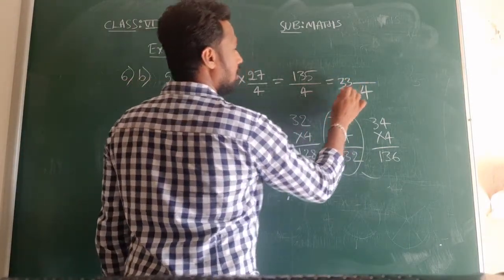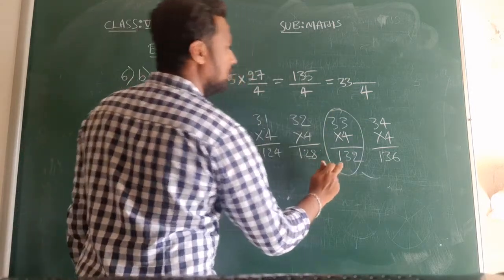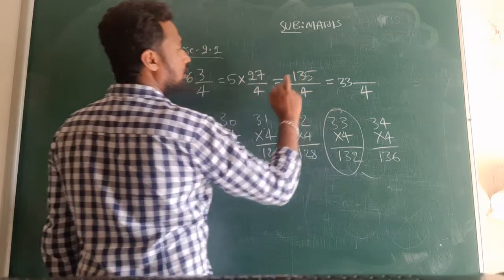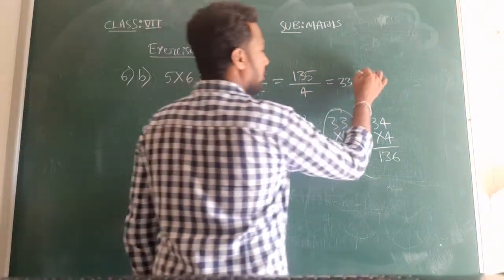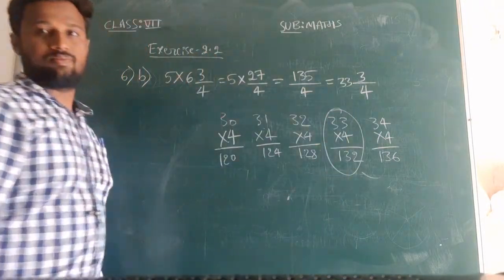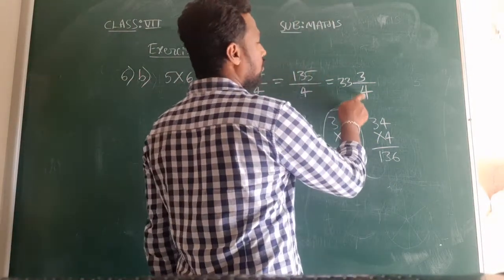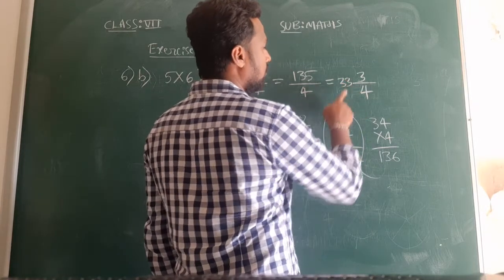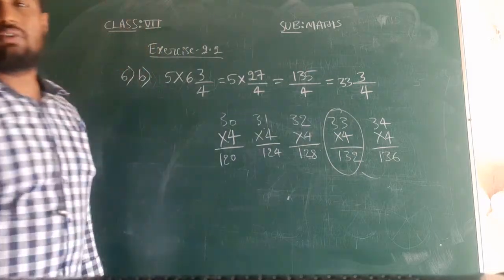So 33 into 4, what will we get? 132, which is 3 less than 135, so I will add 3 here. Now if you add 3, what you will get? 4 into 33 is 132, 132 plus 3 is 135, divided by 4.